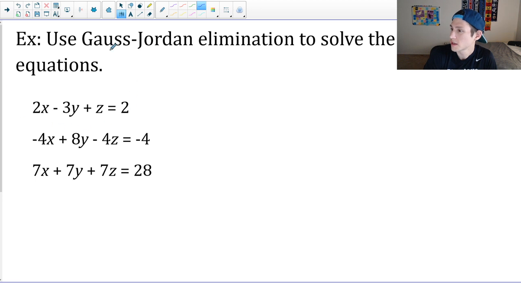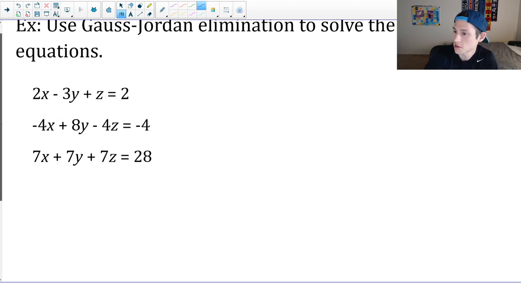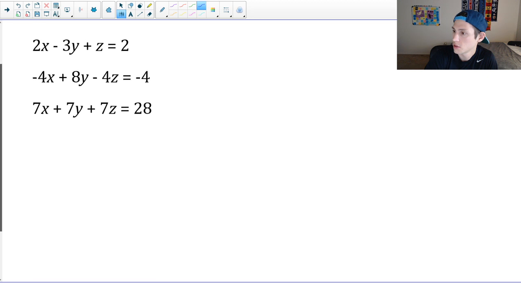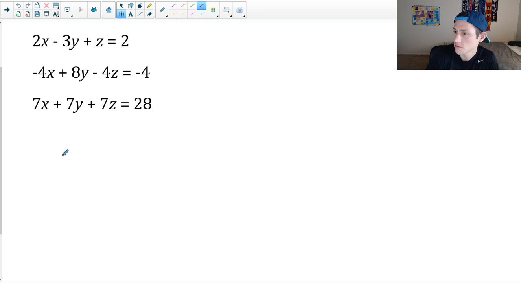Okay, so if we're starting off, if we have a system of equations, then the first thing that I want to do is just put it into a matrix, right? So I'm just going to take all my coefficients, 2, -3, 1, 2, -4, 8, -4, -4, 7, 7, 7, 28.